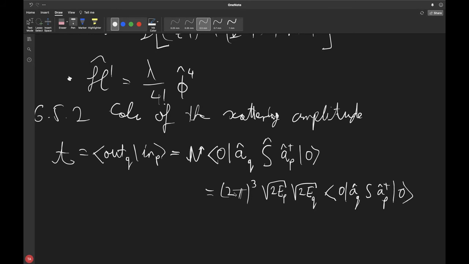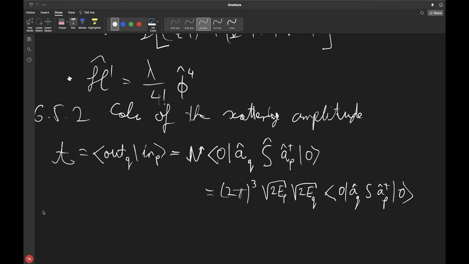You remember that we have seen things in the denominator, which was the inverse of this. We had a 2 pi factor to the 3 halves, and this is also the inverse of this.